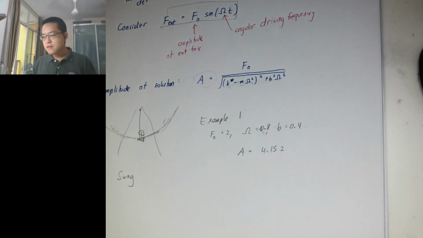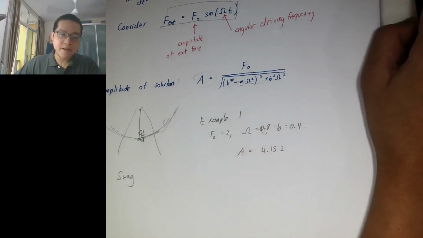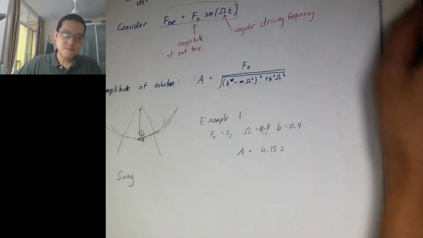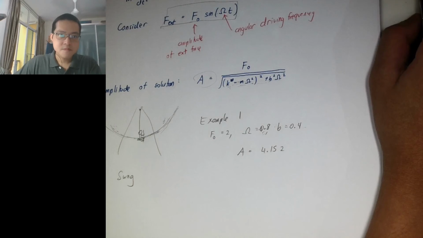Okay, so that's about it for the resonance. And another thing: Dr. Lim told me he has shown the math students this already, the video about the Tacoma Narrows Bridge.